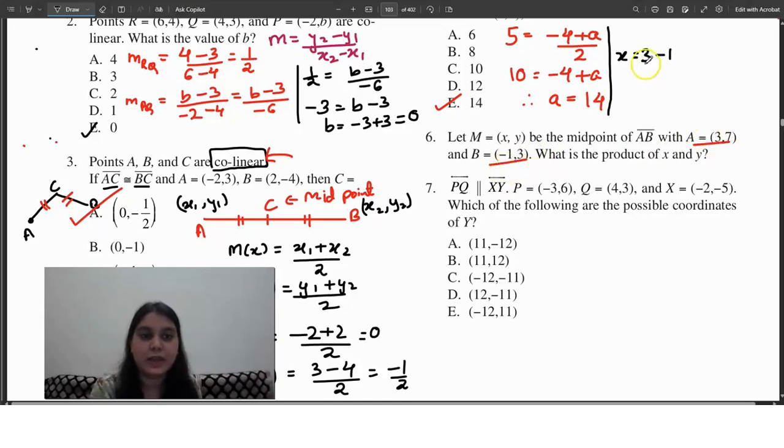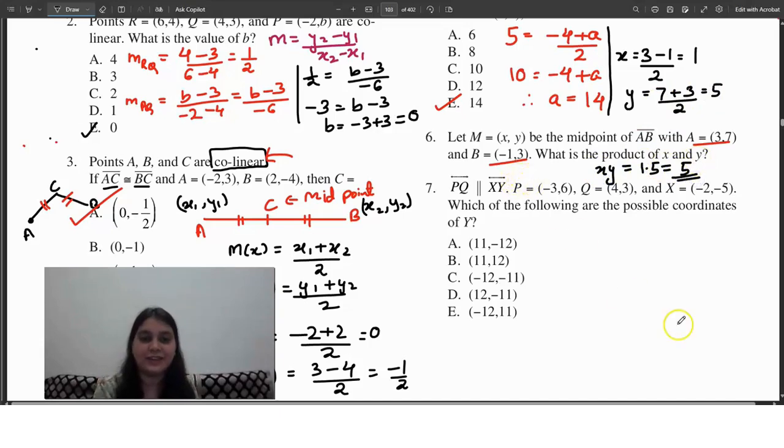So 3 minus 1 by 2. That's going to be 2 by 2, that is 1. Same for y. y is equal to y1, that is 7, plus y2, that is 3, divided by 2. So 10 upon 2, that is 5. Product of x and y is equal to 1 multiplied by 5, that is equal to 5. So for 6-1, 5 is the answer.